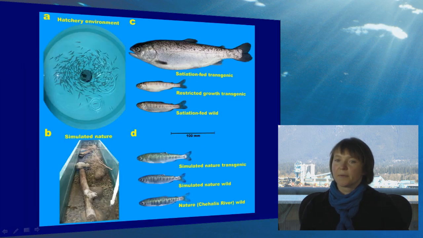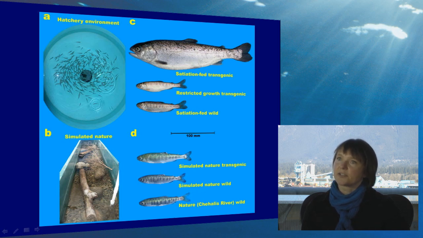One of the major findings from all of the research done over the years is that environment has a huge impact on the phenotype of these fish, so what these fish look like. It has a huge impact on their fitness. If you take a transgenic fish, rear it in a culture environment, give it lots of food, it'll grow very quickly.